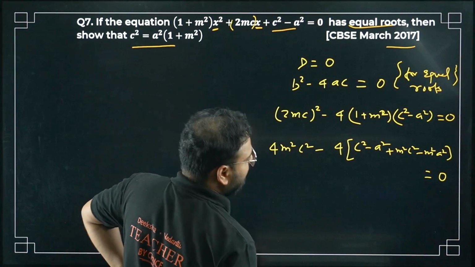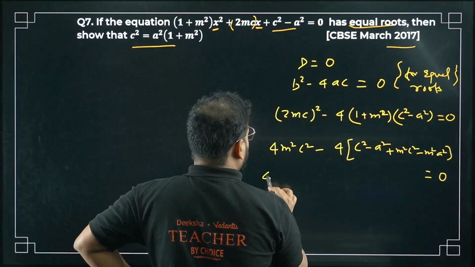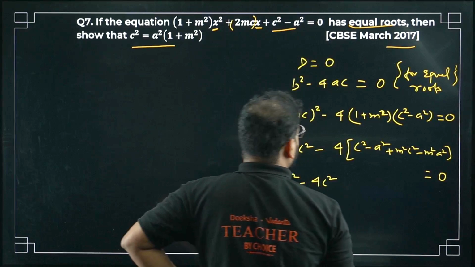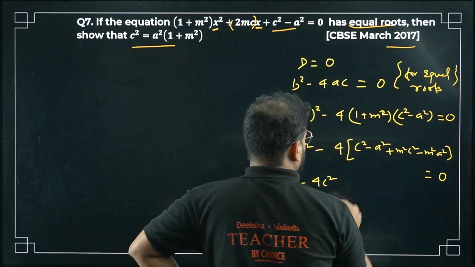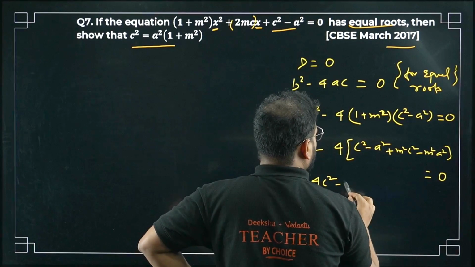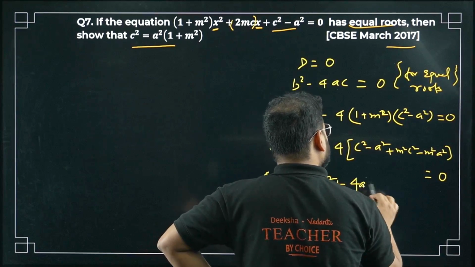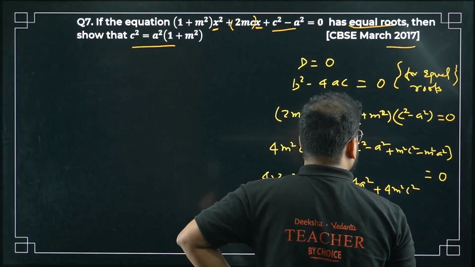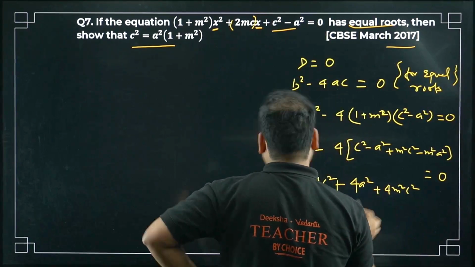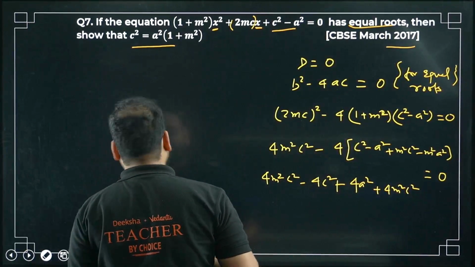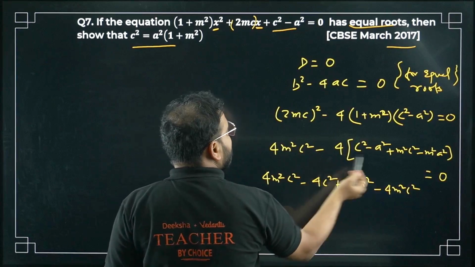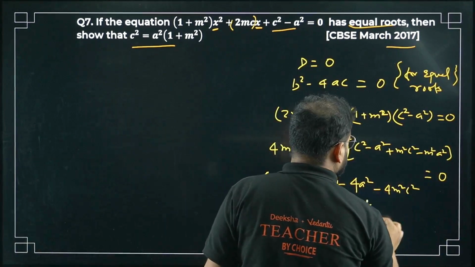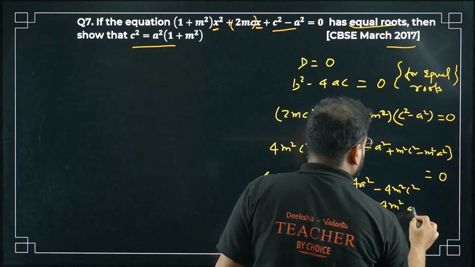Expand it now. 4m square c square minus 4c square, minus and minus plus 4a square, and minus 4m square c square, sorry, this will be minus because of this minus sign. Sign change. The last one plus, so plus 4m square a square equals 0.